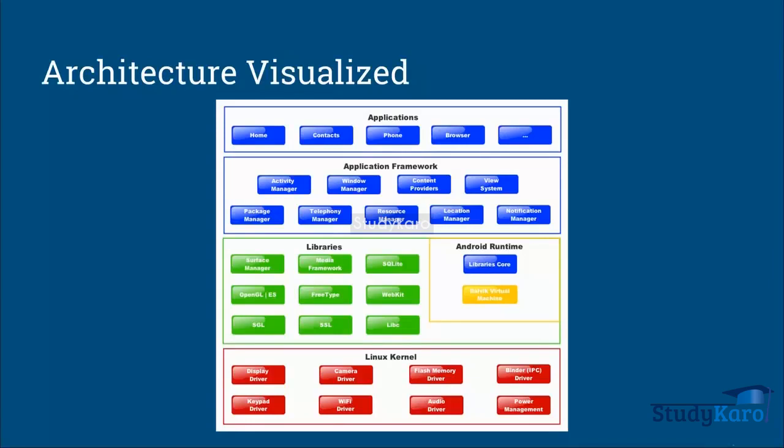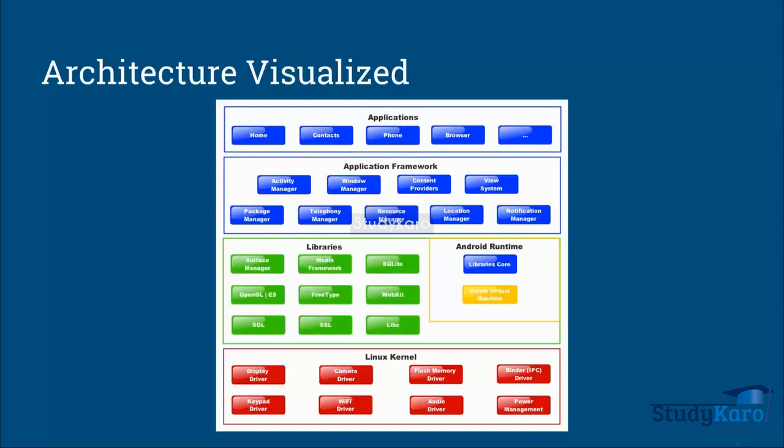Great. So above that we have our application framework, which allows us to interact with the location of our phone, or the telephony manager, which is how we make phone calls, and manage all that kind of good stuff. Those are the little packages or blocks that we are going to grab and interact with when we want to do any of these specific types of things.